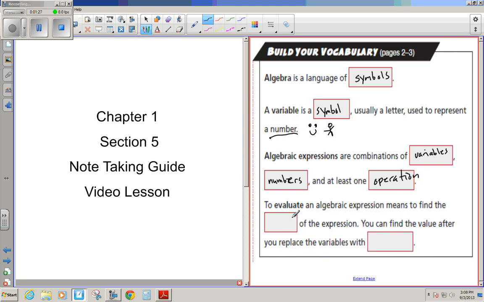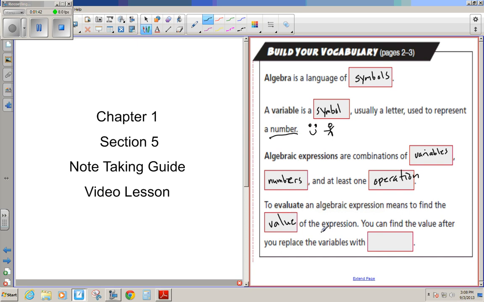To evaluate an algebraic expression means to find the value of the expression. Basically, you're looking to find the value of the expression.